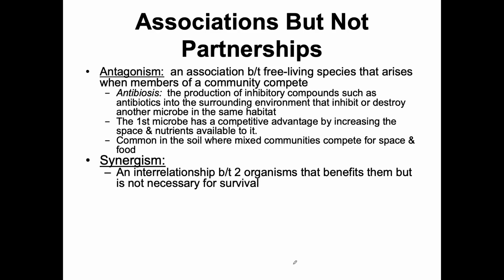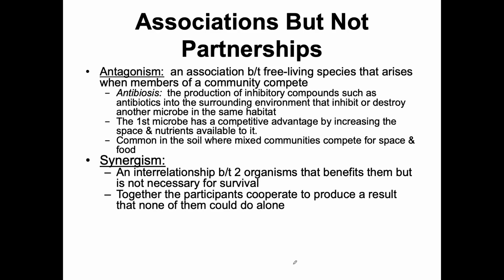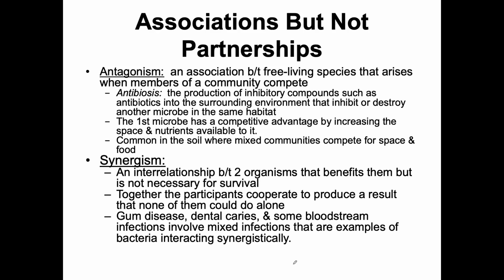In synergism, you have an interrelationship between two organisms that benefits them, but they don't have to have it to survive. The participants cooperate to produce a result that they couldn't generate on their own. An example is dental plaque, where there are bacteria that live in your mouth that will form little communities on your teeth.